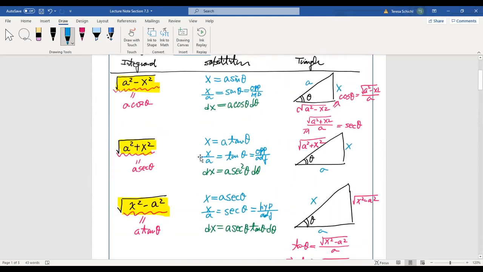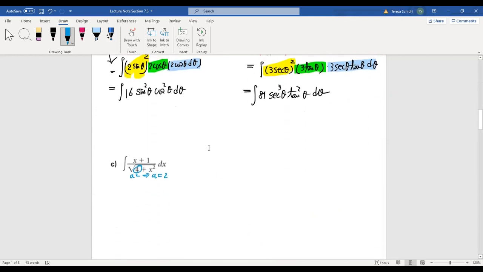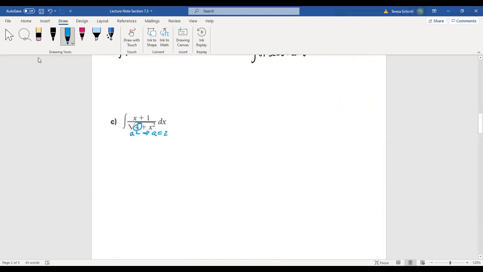So here I want to use the transformation x equals a tangent theta. So I will say x equals 2 tangent theta. As always, take the derivative. So dx is equal to 2 secant square theta d theta.